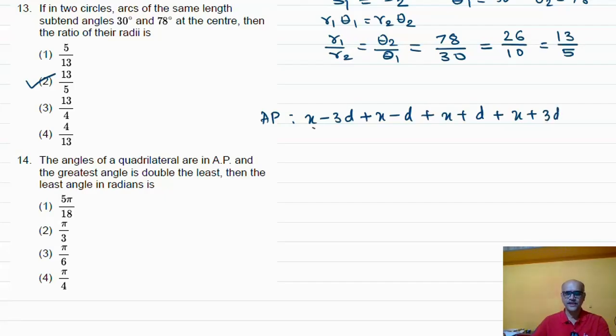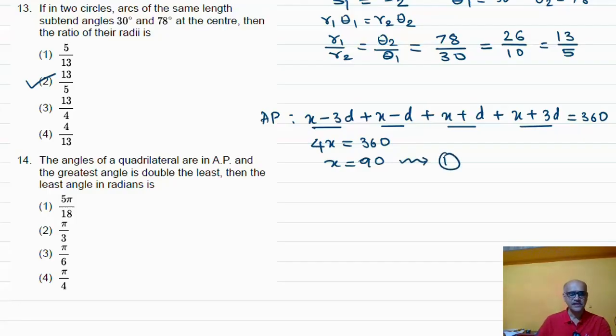If you add all these, you will have 360. You will observe that plus 3d and minus 3d cancel, d and d cancel. You will have 4x equal to 360, so dividing by 4, x equals 90.